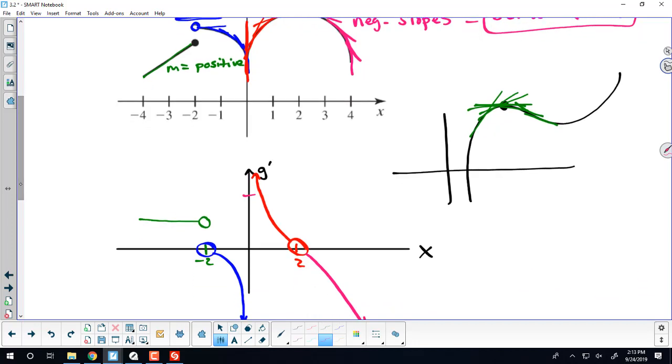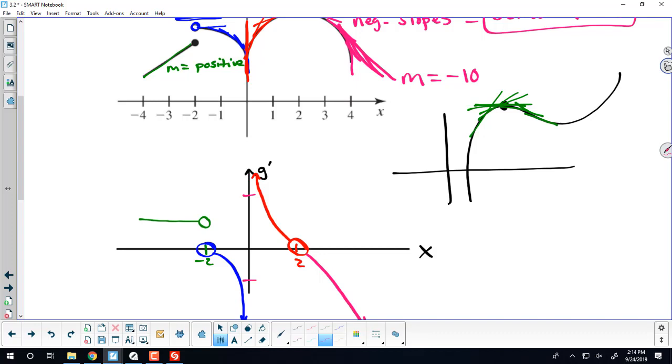So that's kind of what we're looking at without having to look at all slopes. But let's just say we measure the slope of this line to be, I don't know, negative 10. Since G has a negative slope here, the derivative is negative 10.